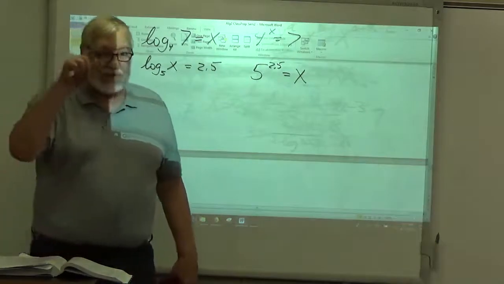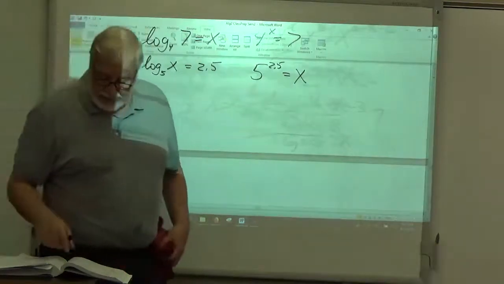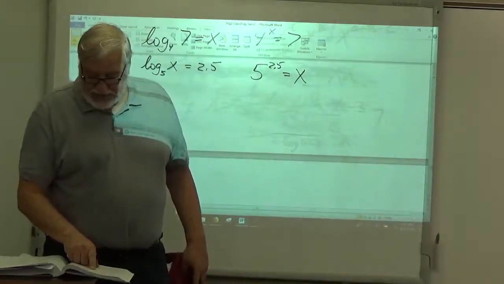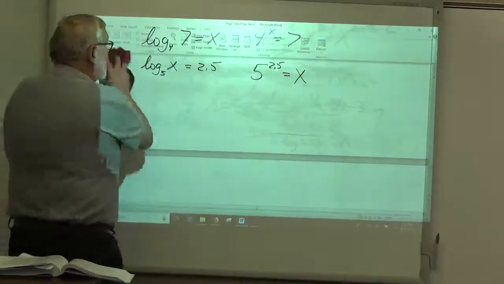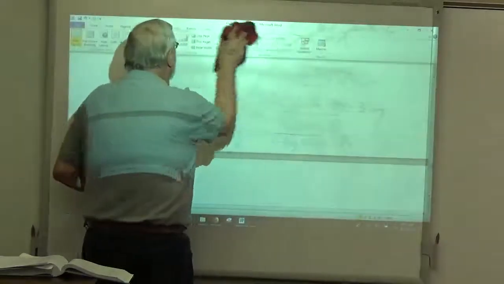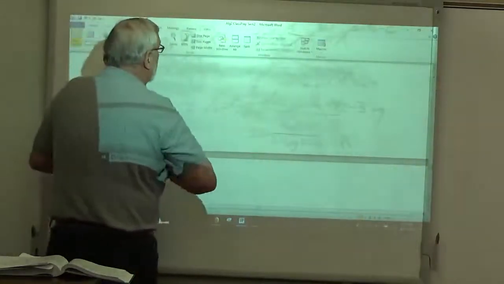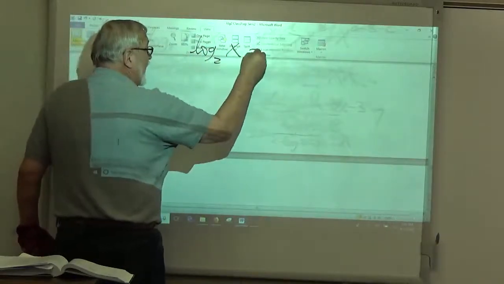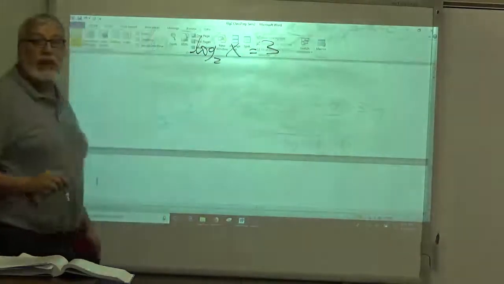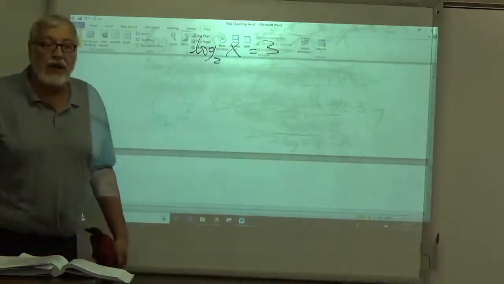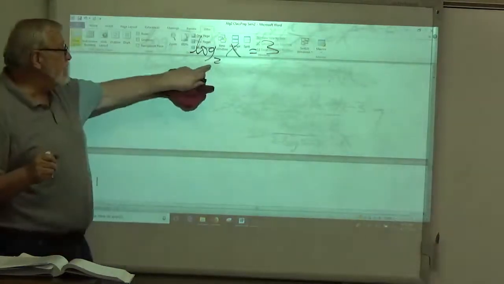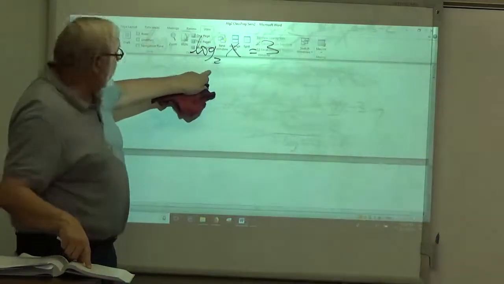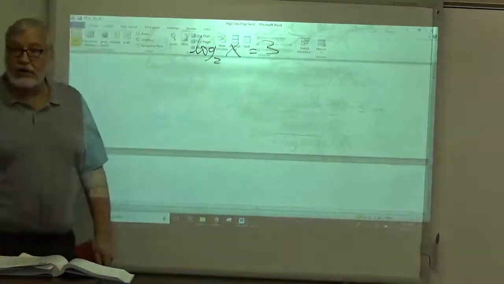Okay, so turn to page 272 and let's look at it. Log base 2 of x equals 3. Now when I put this into exponent form, it is 2 to the third power.